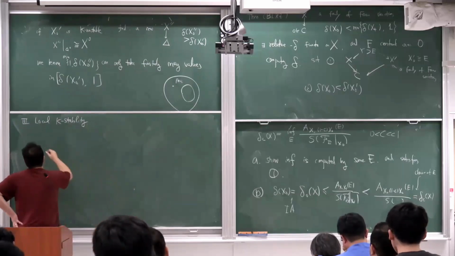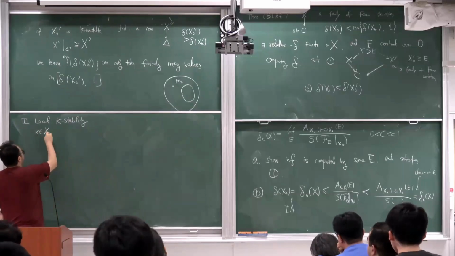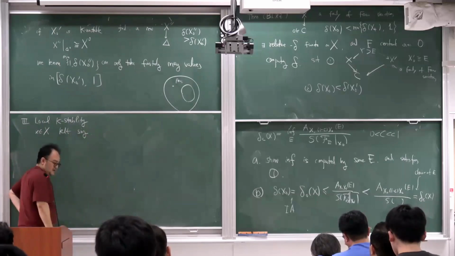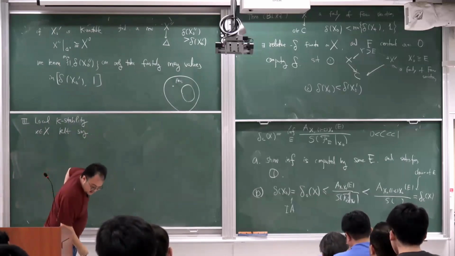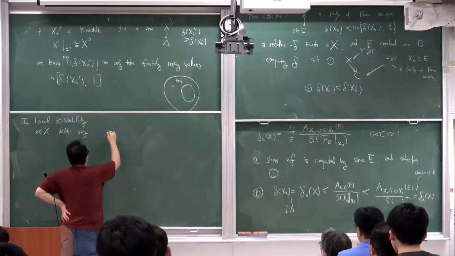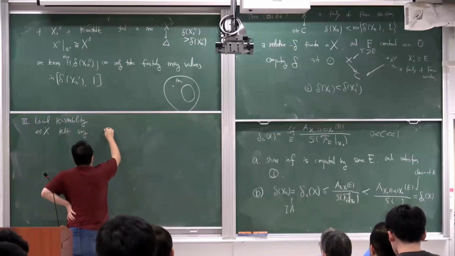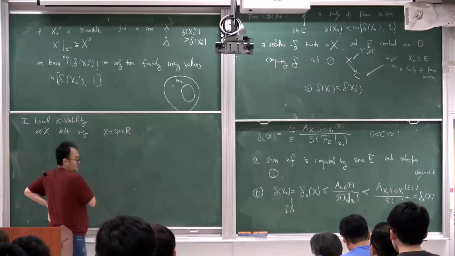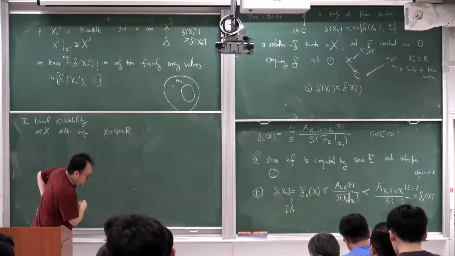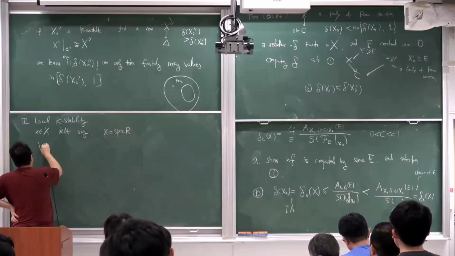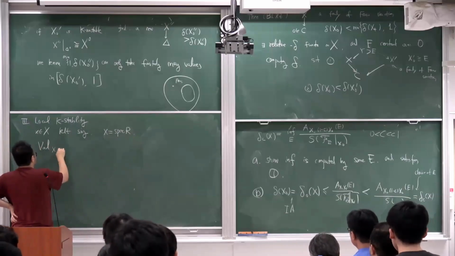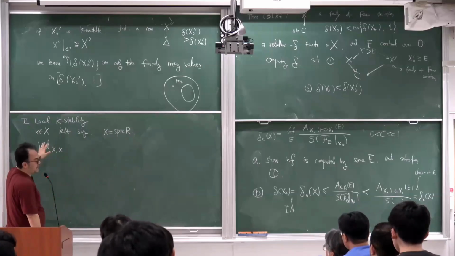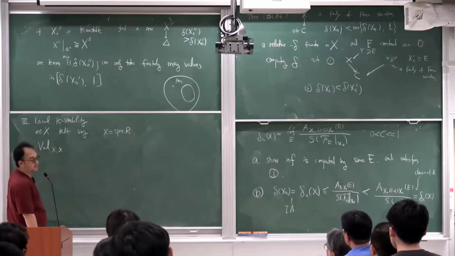So if I have such a klt singularity, since this is a singularity, a local germ, I can just assume X is Spec R. Now I consider the valuations which are centered at this point. In other words, the valuation ideal is always m_X-primary.